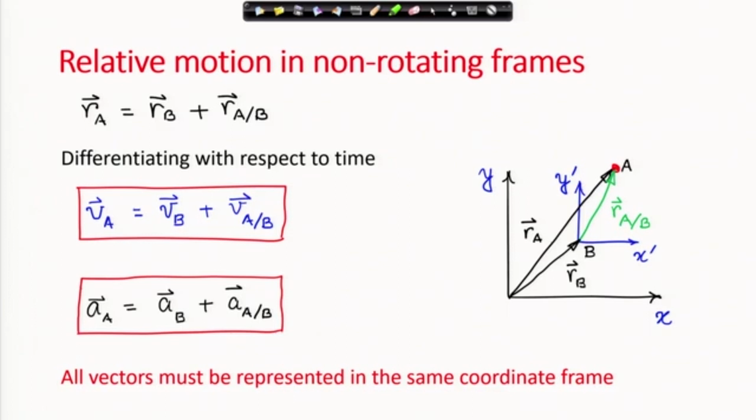So, whatever is the acceleration as measured by the observer B in x prime y prime, that is acceleration of A relative to B. All these vectors of course must be represented in the same coordinate frame for this vector relation to be valid. So, either you can choose the xy frame or you can choose the x prime y prime frame.